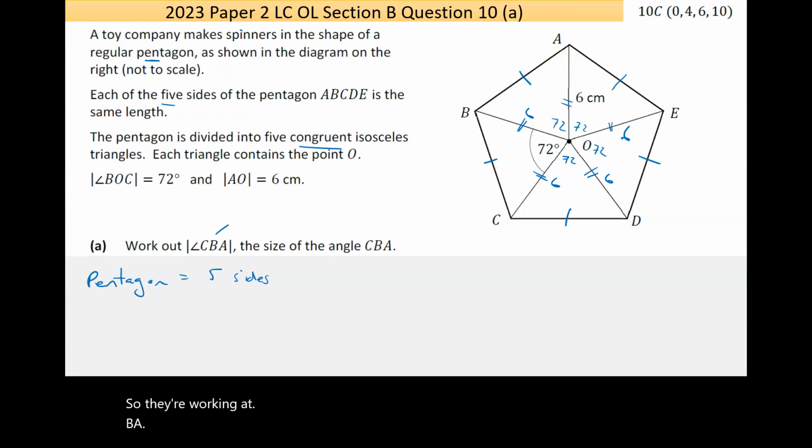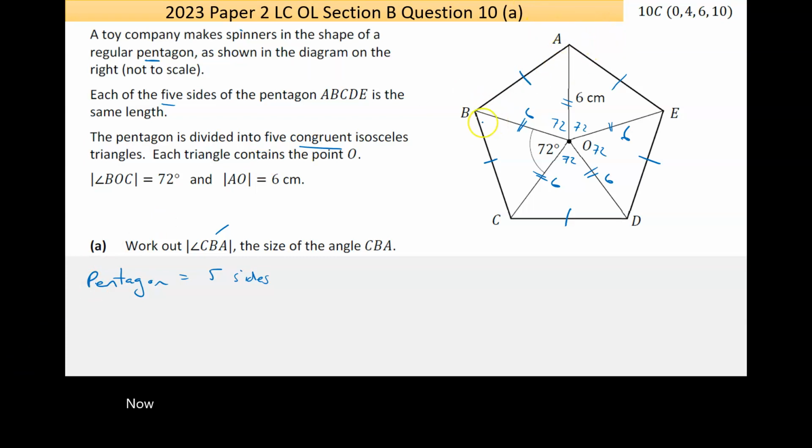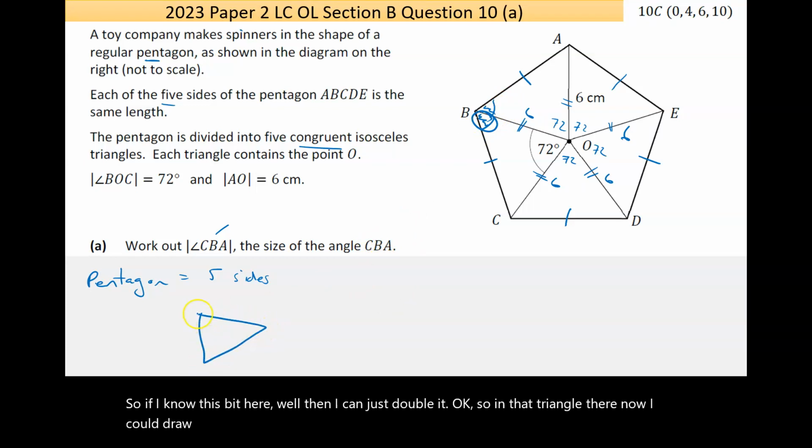Now, CBA would be this bit here and this bit here. So if I know this bit here, well, then I can just double it.